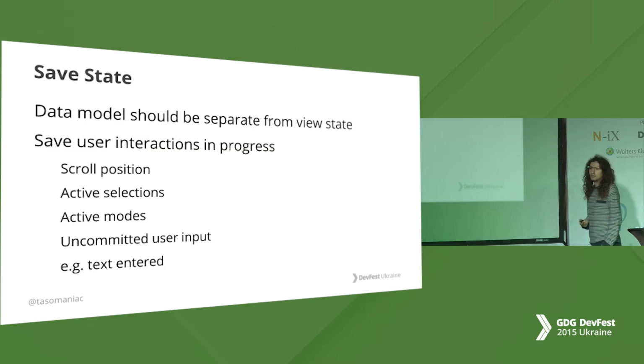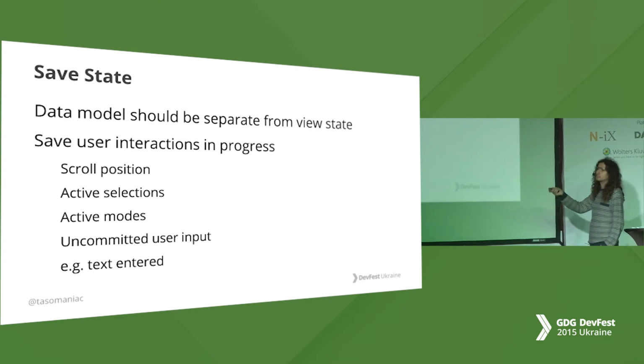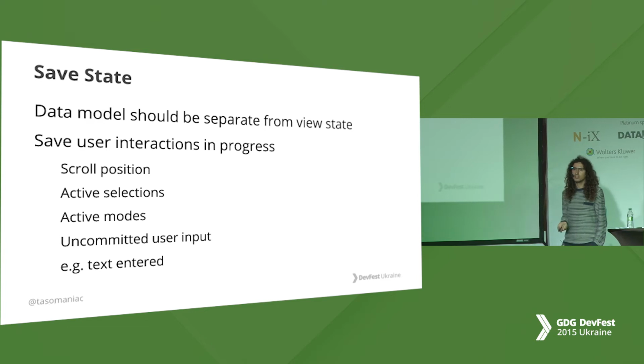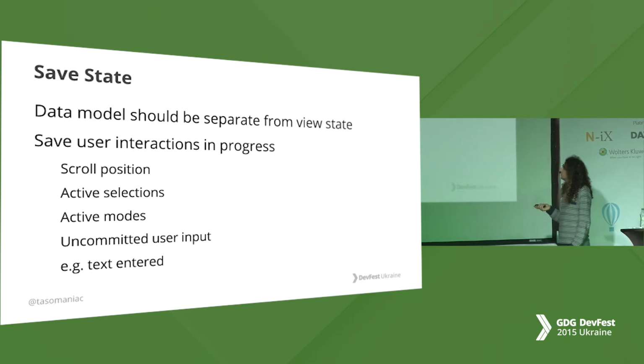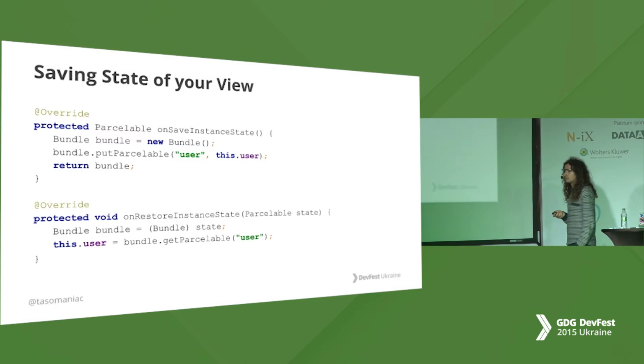Normally the Android platform saves scroll position, selections in lists, and also user input in edit text, for example. They are all automatically saved, but it cannot save our user object, right? Because it is custom.